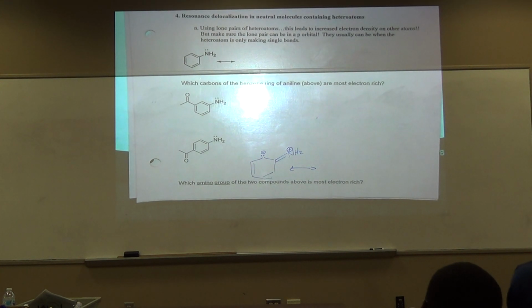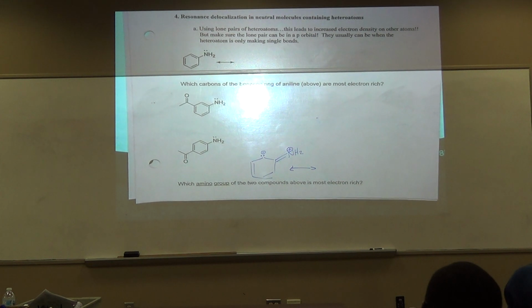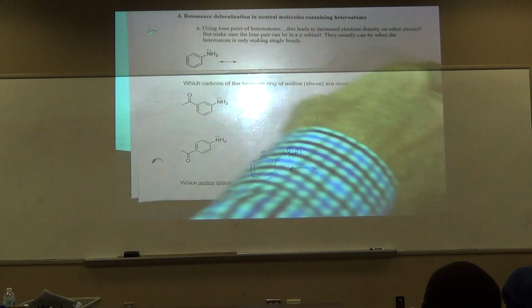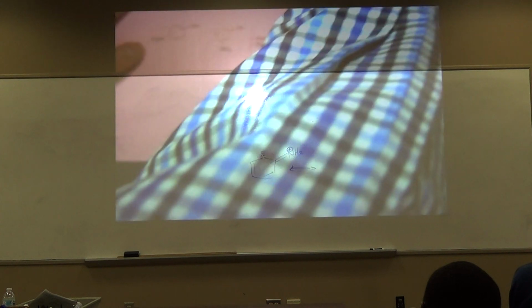The question is a little bit different down here. Which amino group of the 2 compounds above is most electron rich? But these types of questions all come from understanding your resonance structures, drawing them, and then assessing them. And then figure out, what is the question you're really asking me? Okay? And we can look back at those on Wednesday if you want.